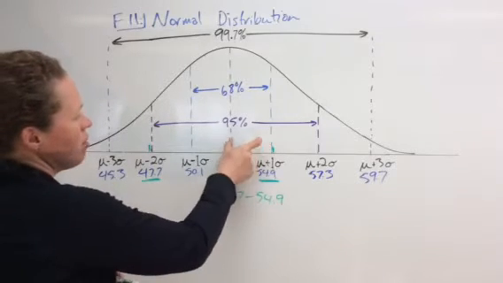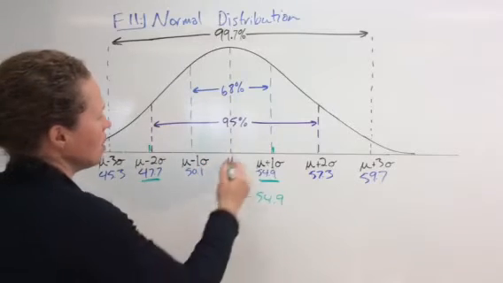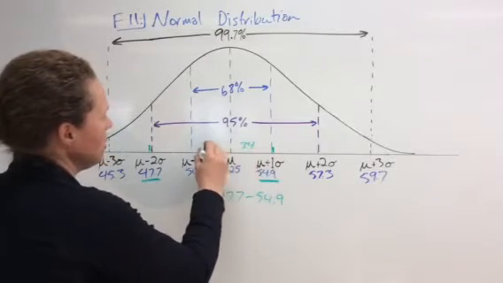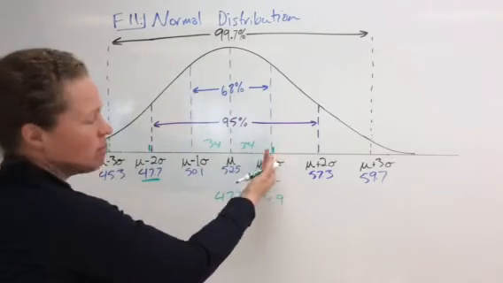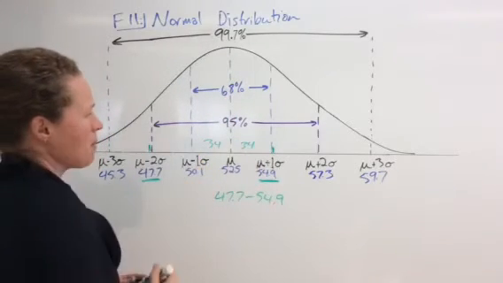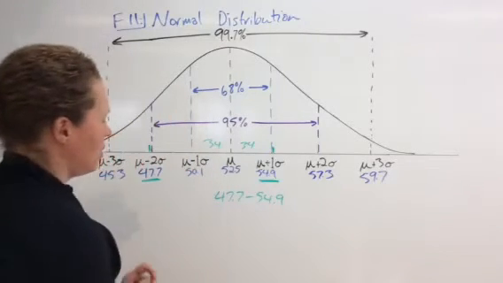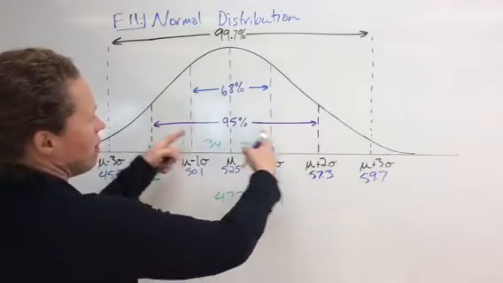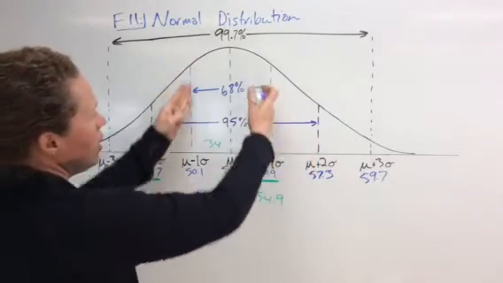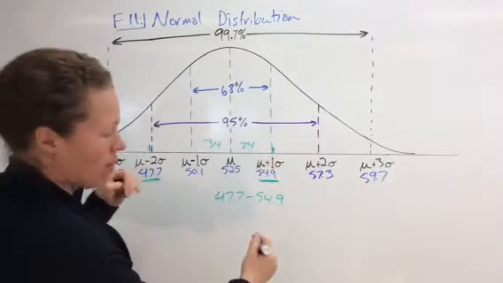So this is 68%, the whole thing, which means that each half is going to have to be 34%, right? Because if we cut 68% in half, 34 is above mean, 34 is below mean. And then if we went further, we could do just a little bit of math, and go, okay, well the rest of this is 95%, but we've already accounted for 68%. So what are these little wings worth?